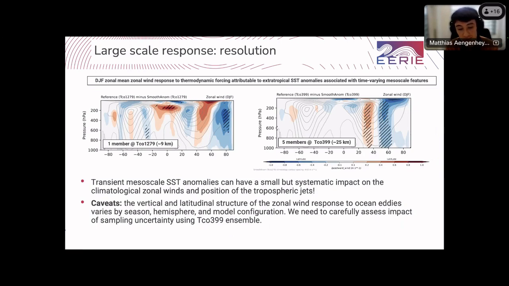Some previous studies have suggested that you really need to have high resolution to potentially resolve some of those impacts of eddies on the mean flow. So we do see differences, but there are also some caveats, and we'll look at this more in the future. And of course, we're always happy for suggestions on what you think is good to look at.